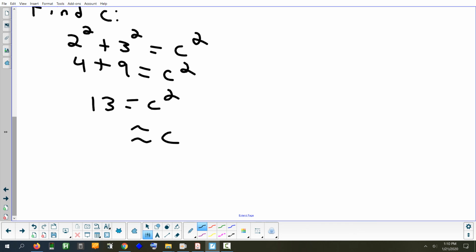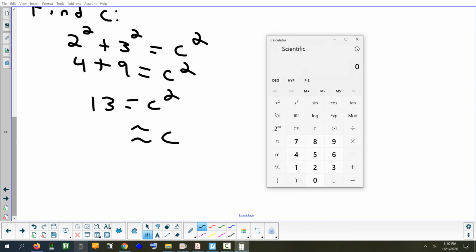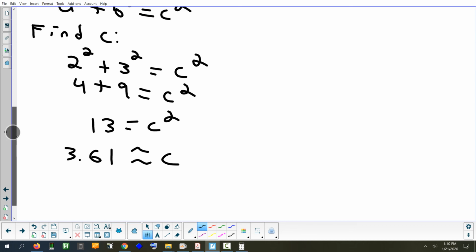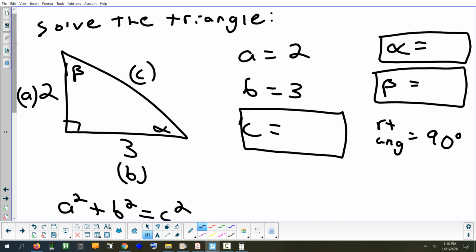And usually when we do these kinds of problems, you do simplify it down to a decimal. So let's take the square root of 13. We get about 3.61. Okay, so now we've got C. C is the hypotenuse.